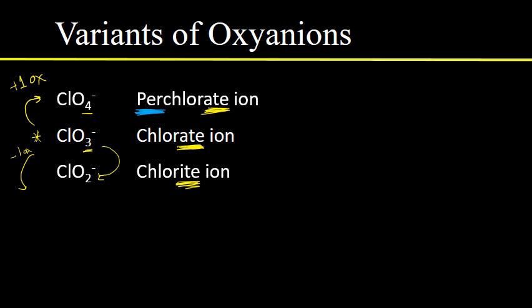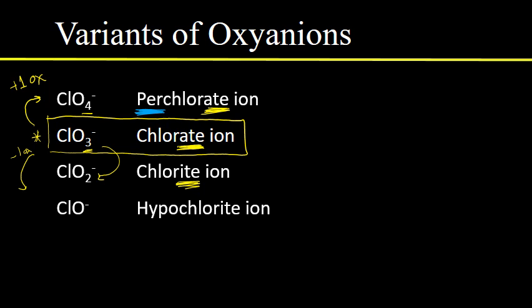So when you go from this ion here, remove 1 oxygen, the name changes from -ate to -ite. And you can also remove a second oxygen to get ClO minus 1 oxygen. I'm writing minus 1 oxygen. That's what I was supposed to write there. It's kind of scribbly.